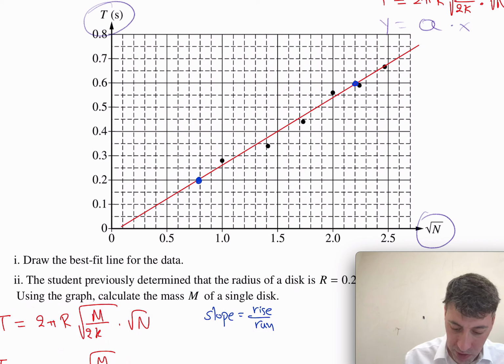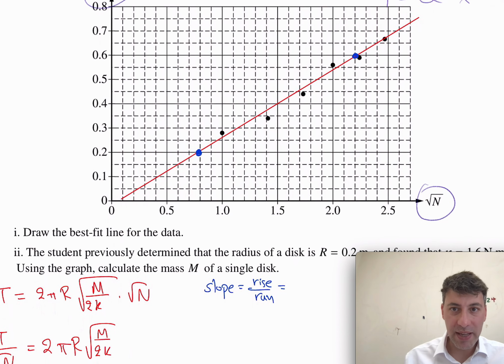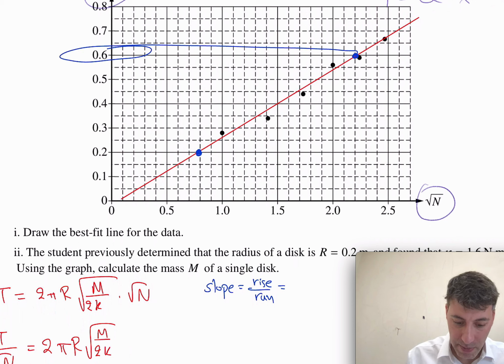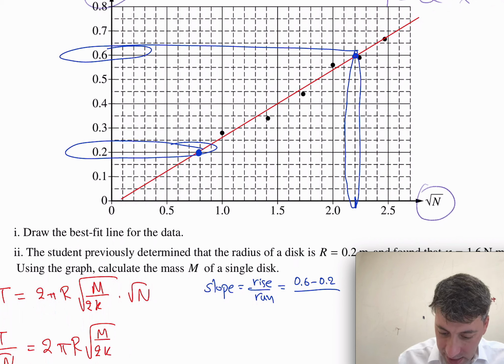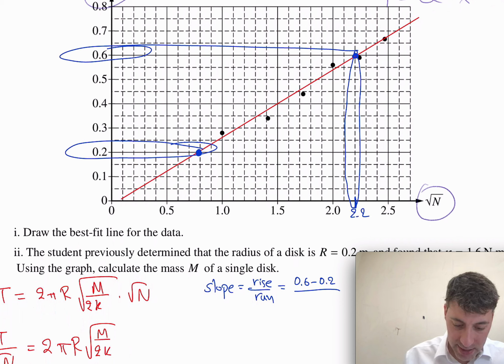So we'll say that the slope is rise, which is 0.6 minus 0.2. For the equivalent values on the x-axis, the run is, now the value here is 2/5 of 0.5 between 2 and 2.5, so here is 2.2, and there it is 0.8, so 2.2 minus 0.8.